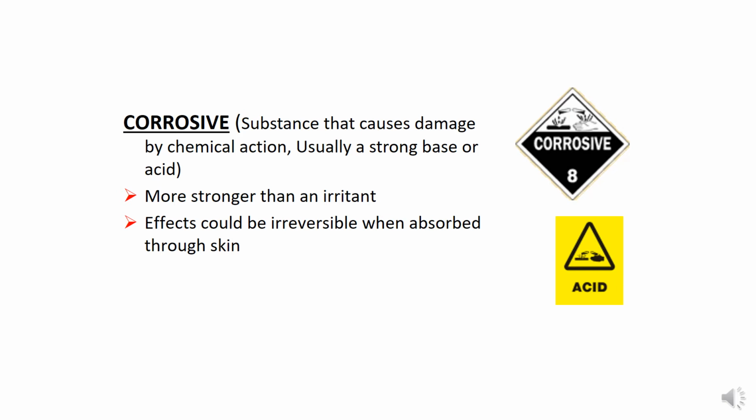And of course most of the chemicals have corrosive properties. These corrosive chemicals can damage by chemical action. Usually they are strong acids or bases. So these are the acidic or basic properties of these chemicals. They are stronger than the irritants. Their effect is irreversible.